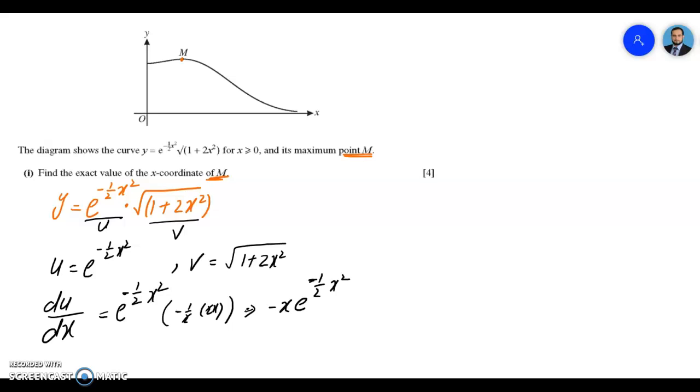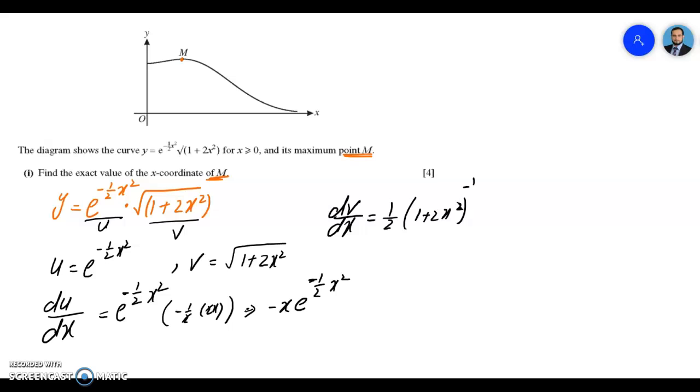In the same manner, we differentiate v. So dv by dx: this can be written as the whole to the power of half. Half goes in the beginning when we apply the power rule, inside stays as it is, and we subtract 1 from the power. As you remember, when we apply the power rule, the power goes in the beginning and we subtract 1 from the power.